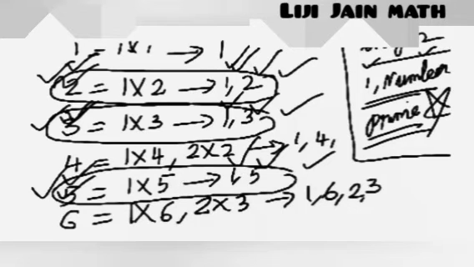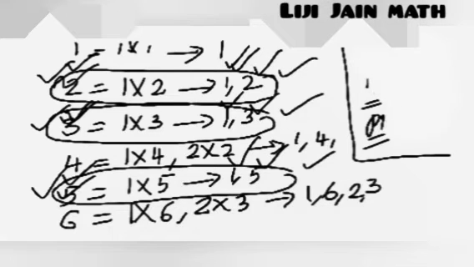Numbers having two and only two factors. Prime numbers shouldn't have more than two factors, but they should have two factors. So what is the definition of prime numbers?